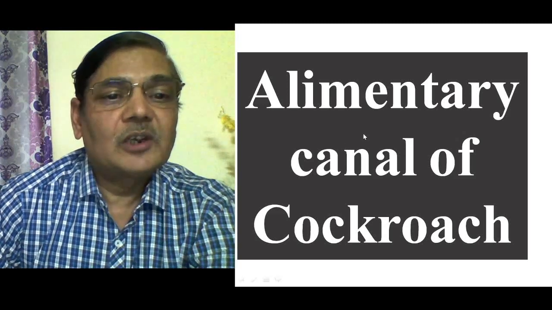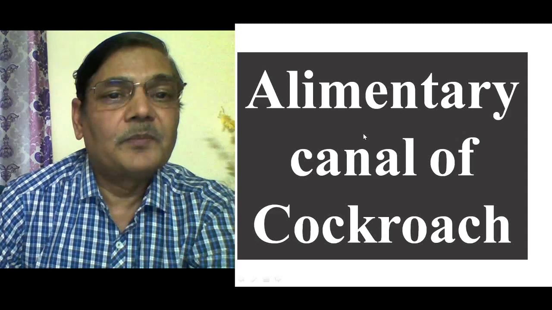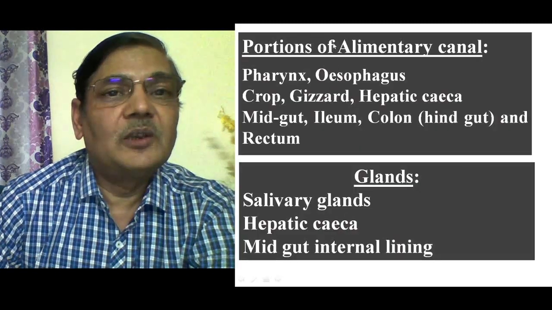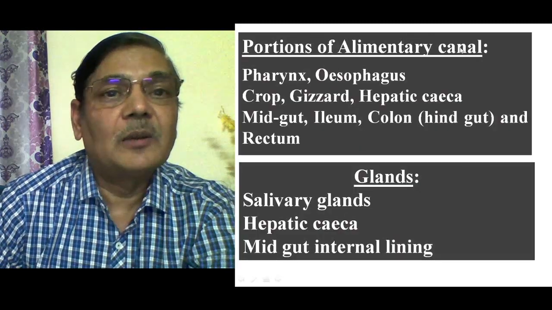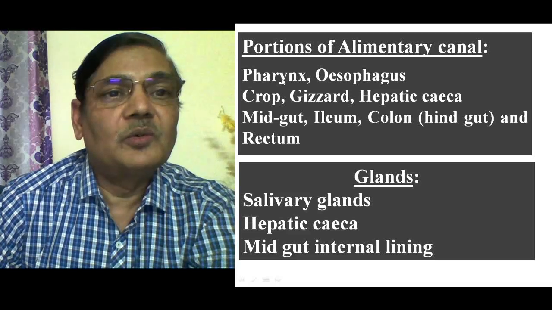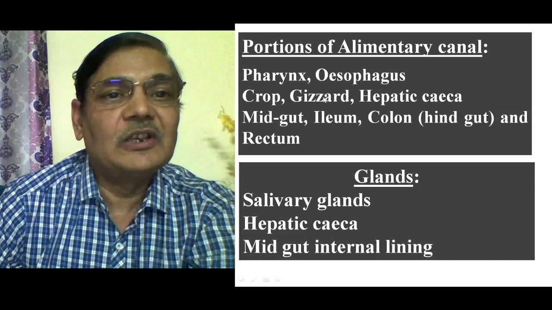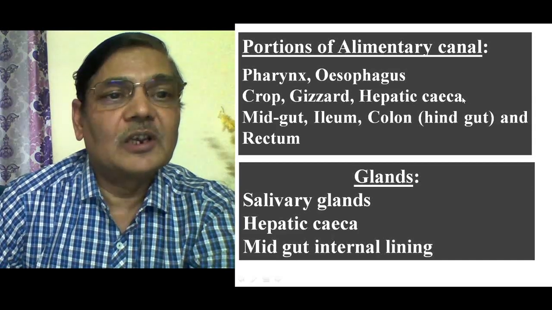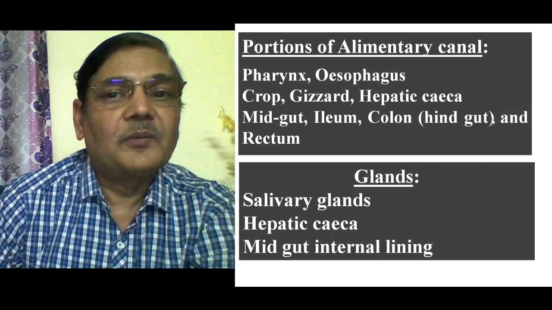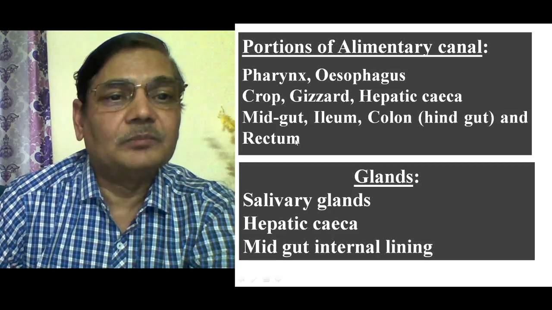So when we dissect for its alimentary canal, we find that the different parts of its alimentary canal could be divided into pharynx, oesophagus, crop, gizzard, hepatic ceca, midgut, ileum, and colon, which is part of hindgut, and the posterior-most region of its alimentary canal is rectum.